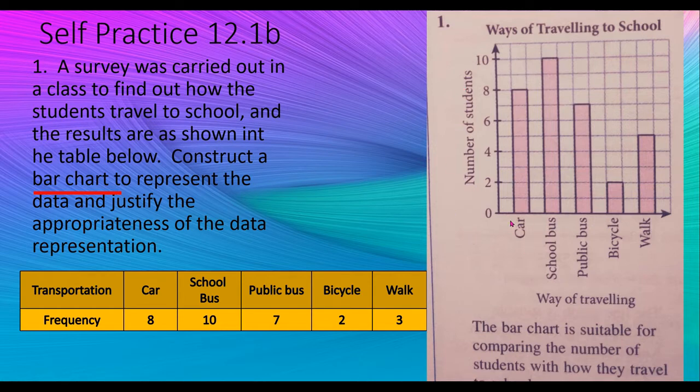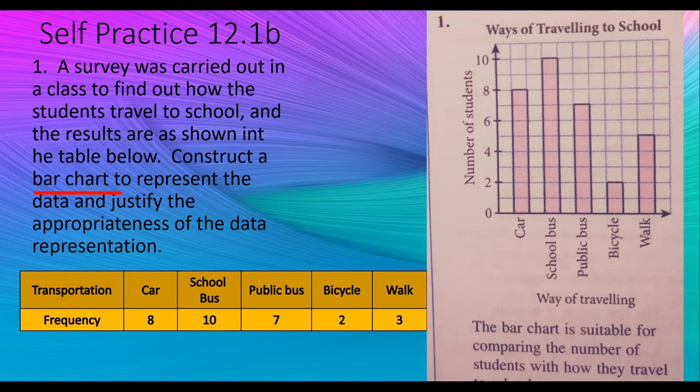Next, our horizontal axis will be the category. So here I have 5 categories: car, school bus, public bus, bicycle and walk. I have to state their names at each bar. Okay, now we start on the bars. When we draw the bars, we have to make sure how many bars I have to build.